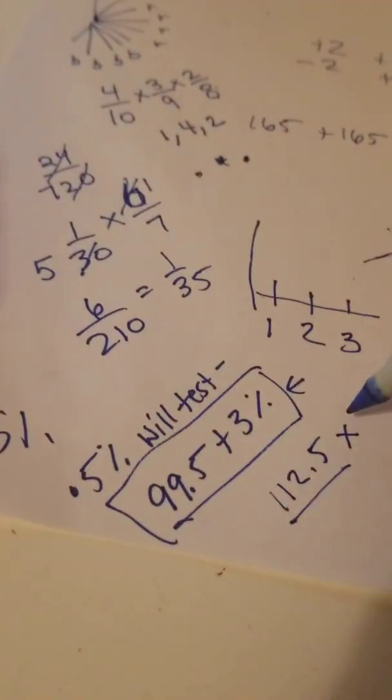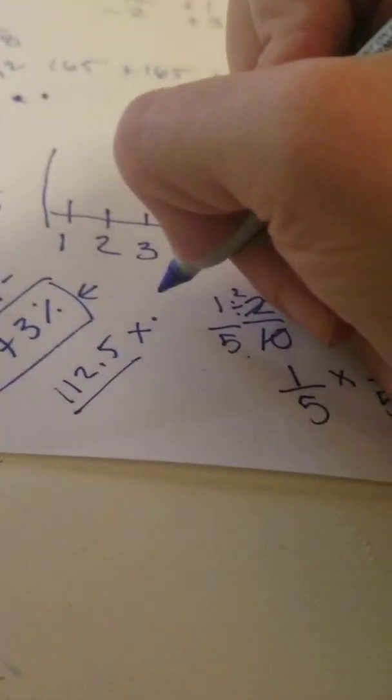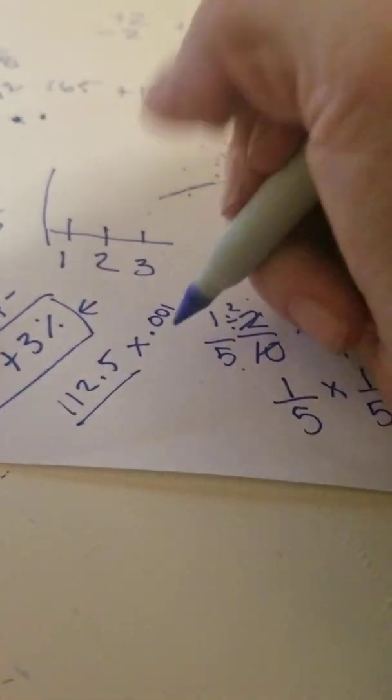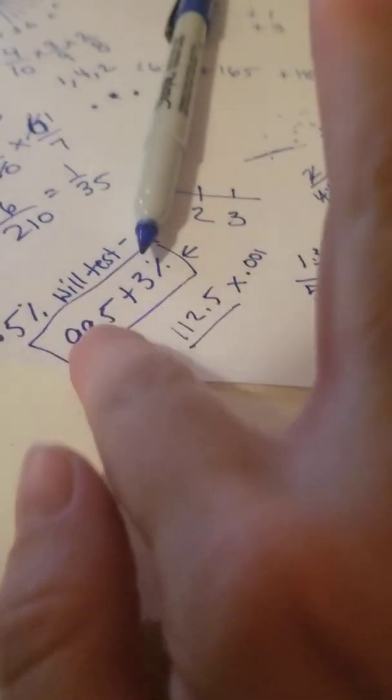Let's see. 112.5 times 0.1%, 0.001, 99.5.